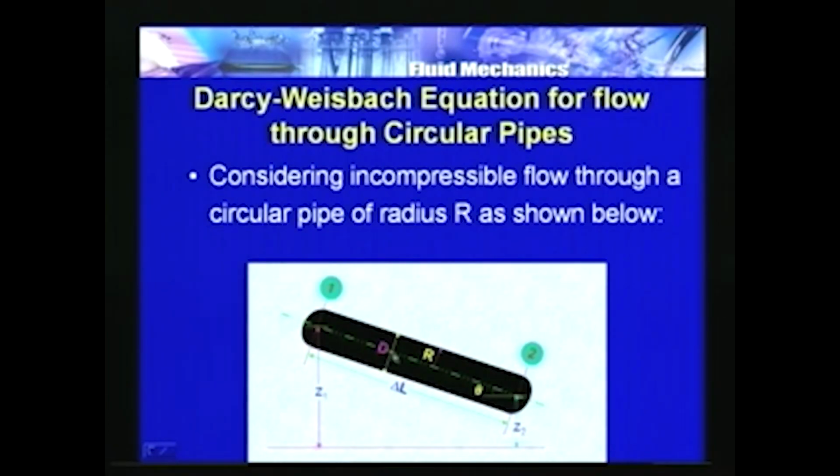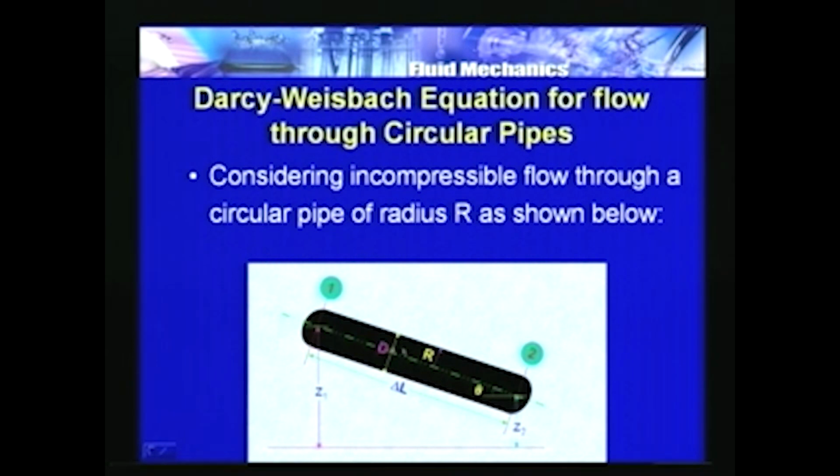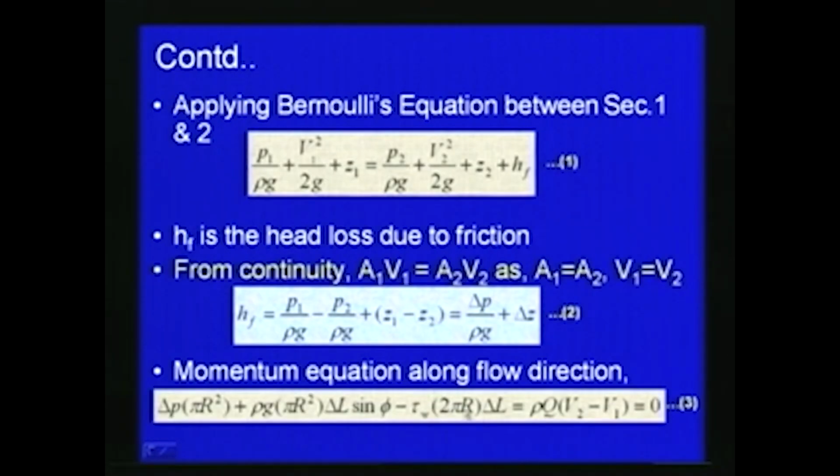Here the forces acting are the pressure force, the weight of the fluid, obtained as rho g into pi r square and delta L sin phi, and the shear force.